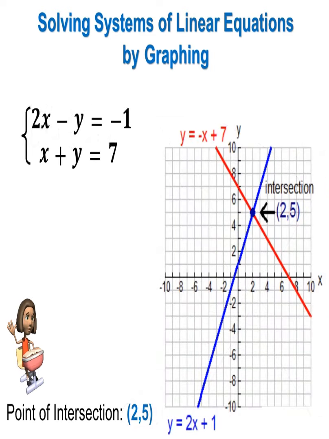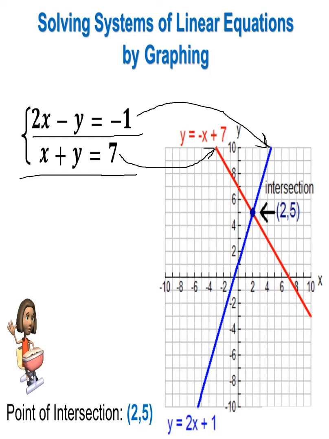Let us take the second example. Here we have taken 2x minus y equal to -1 and x plus y equal to 7. When we draw the graph, we are getting this as the graph for x plus y equal to 7, and this blue one for 2x minus y equal to -1, and the point of intersection we are getting is (2, 5).